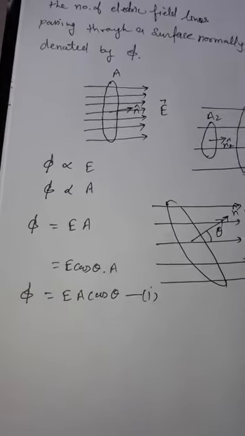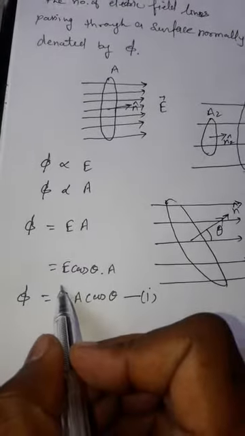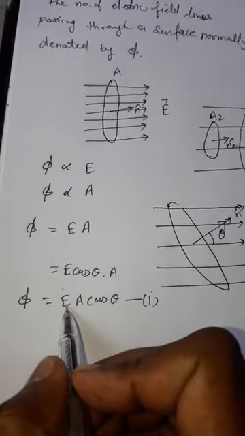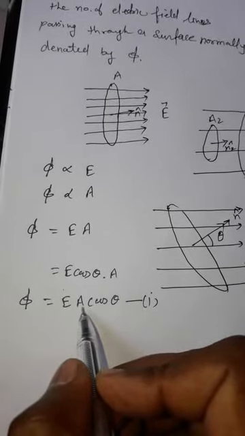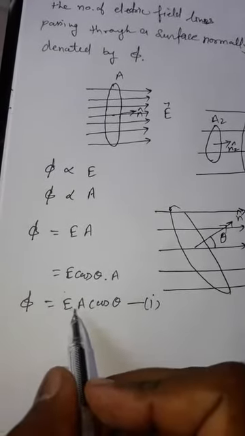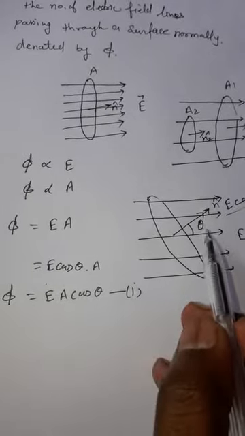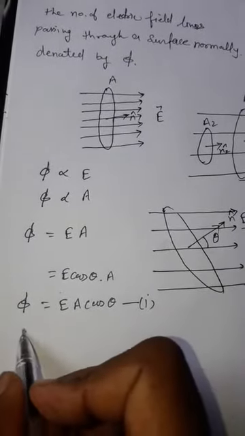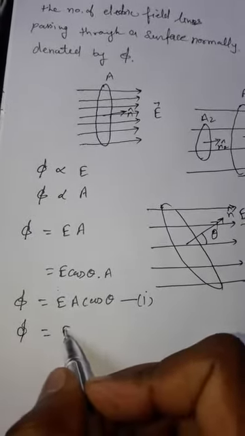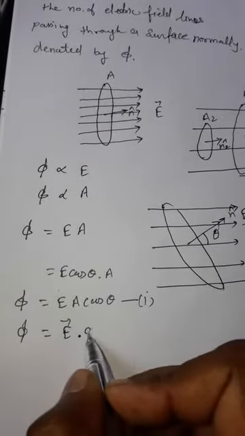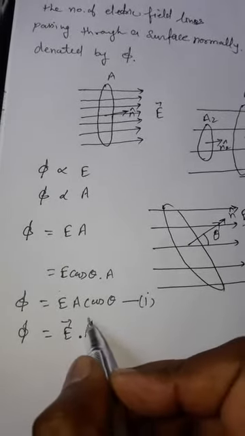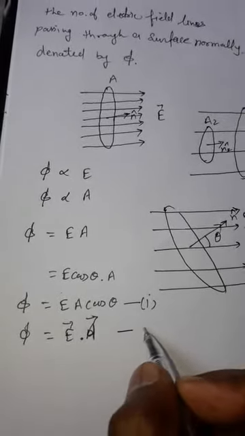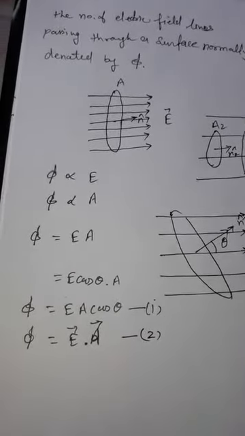Also, as we know, here the electric field is a vector and area is also a vector, and theta is the angle between these two, so we can write it in the form of vectors, that is vector E dot vector A. Say equation second.